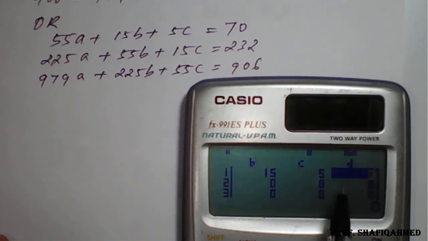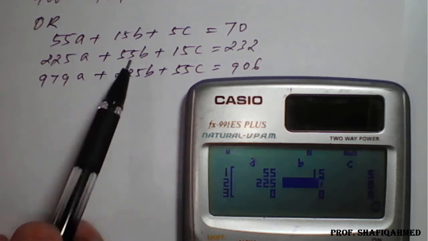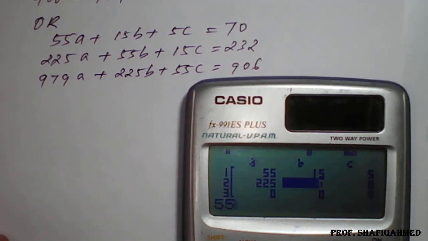Next, D belongs to the constant, that is 70. Then the second equation values: 225, 55, 15, and the constant is 232.